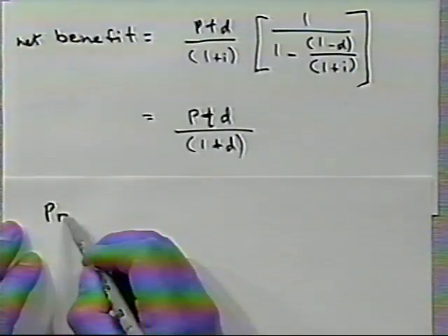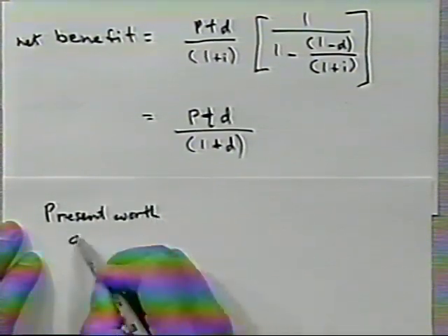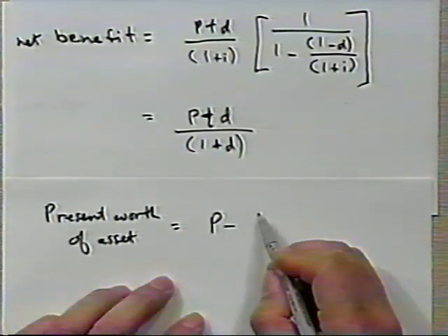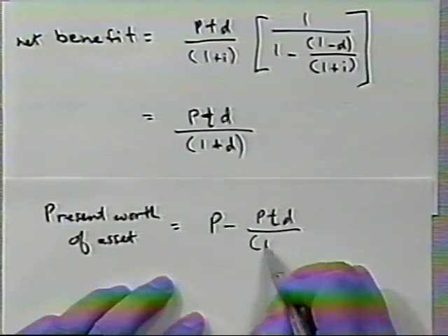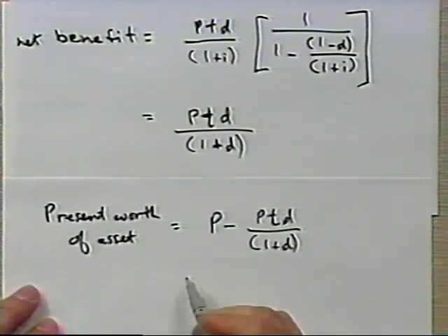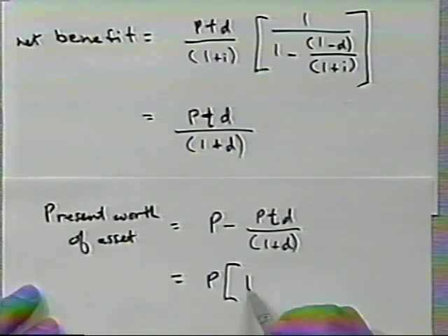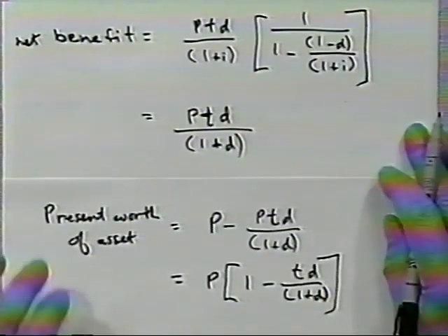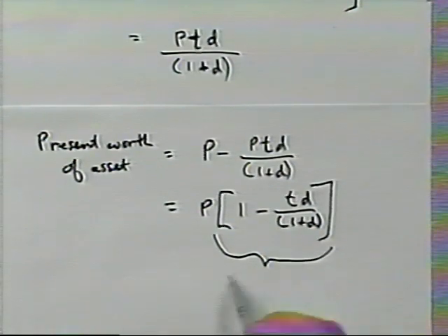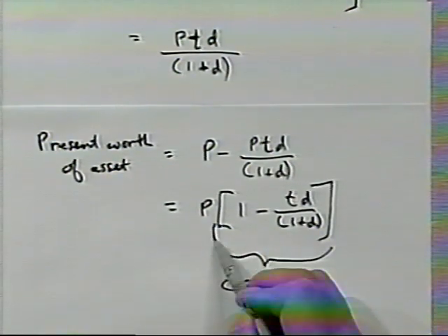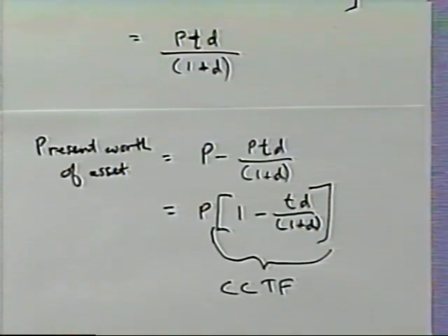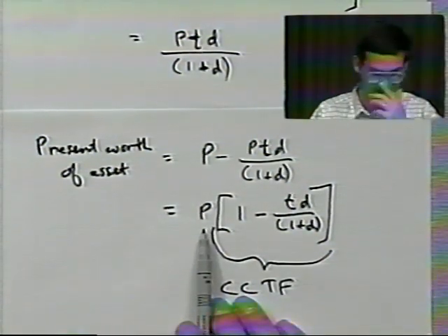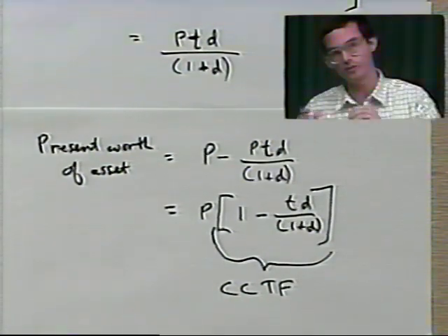So the present worth of the asset is going to be the first cost minus PTD over 1 plus D, which is equivalently P times 1 minus TD over 1 plus D. This part here is the capital cost tax factor, not the P, but the 1 minus TD over 1 plus D. Because that's a number by which we can multiply the present worth and calculate the present worth of the asset, taking into account all of these future tax benefits.